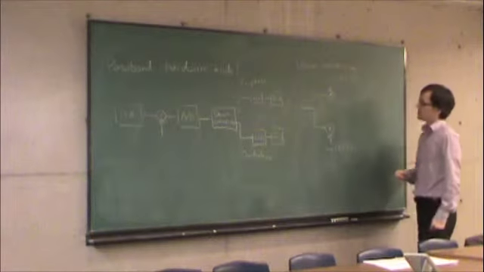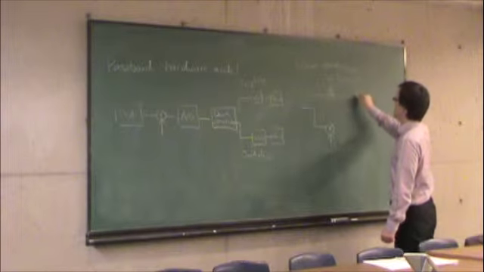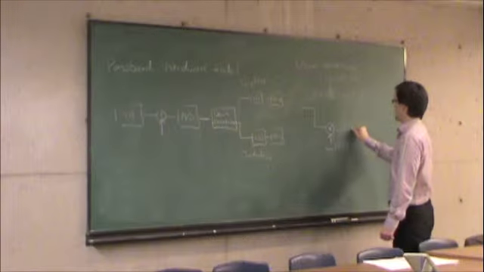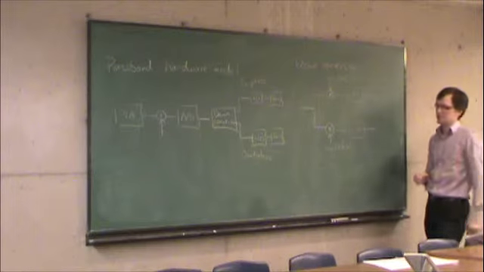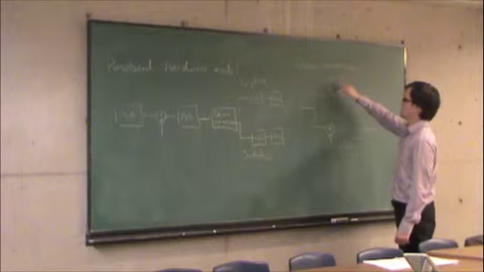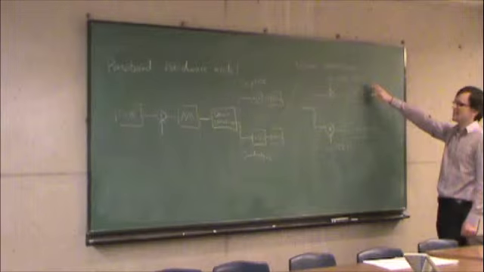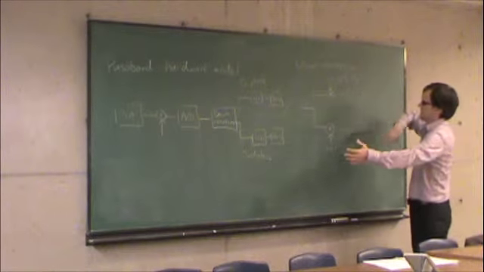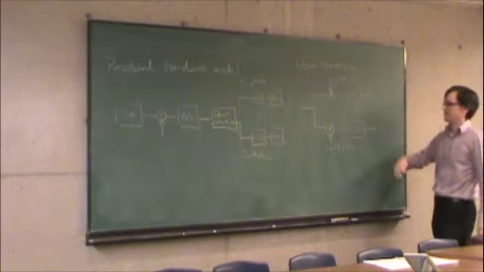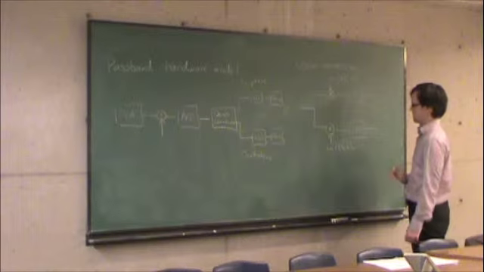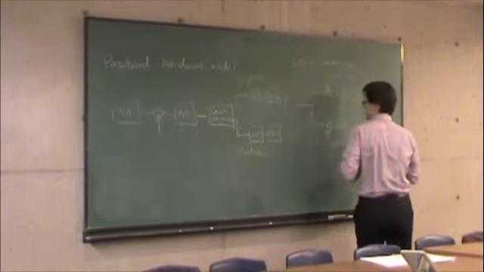I multiply by these cosines, and then what I do is I low pass filter. And that's basically what's going on in that box. We'll explore this in a little more detail in a second, but basically what this does is it shifts it down. It shifts it both up and down, and the low pass filter gets rid of the shifted up part. So all you're left with is basically the baseband signal that you sent with each modulation function.